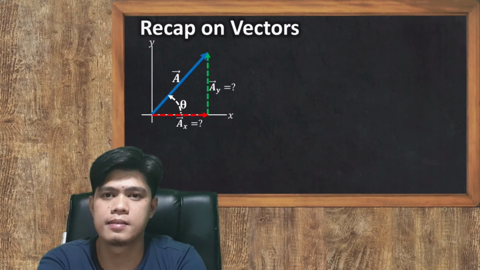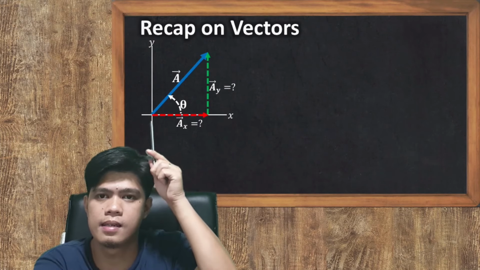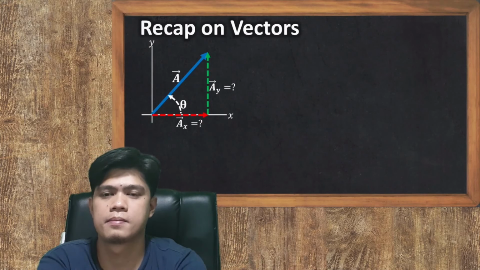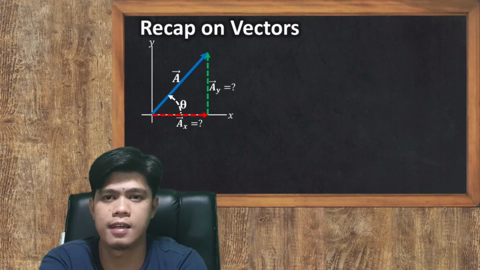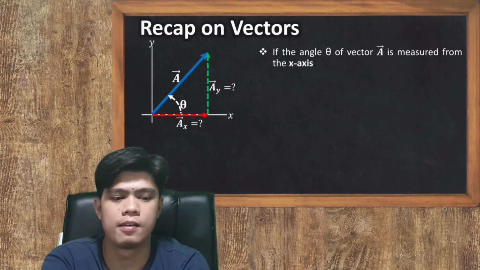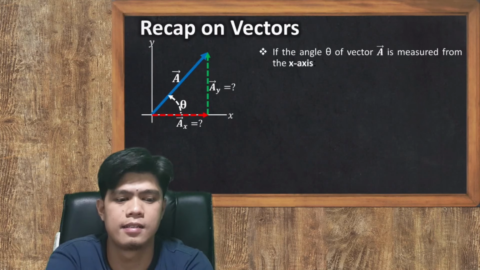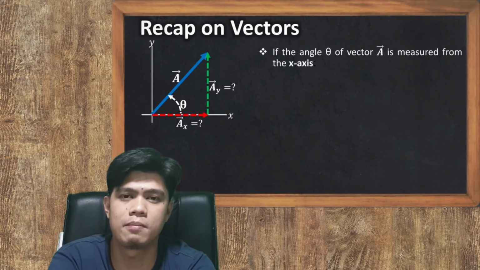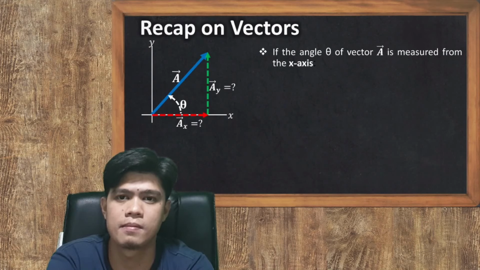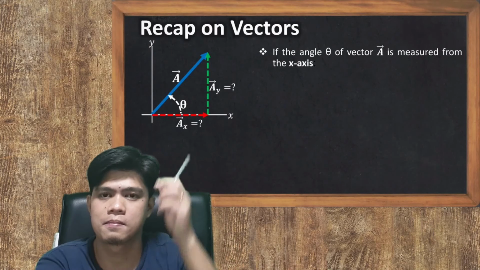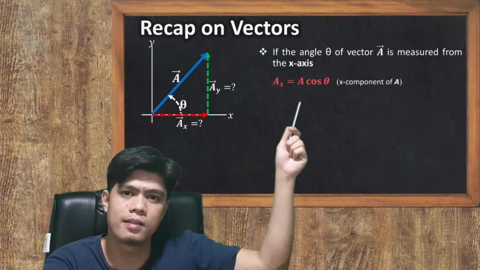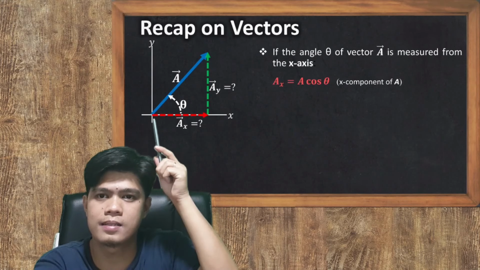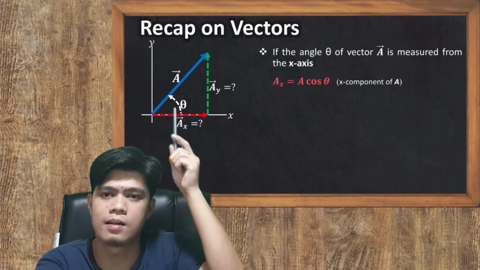Now this vector A has components AX and AY. What is the formula for finding AX and AY? If the angle theta of vector A is measured from the positive x-axis, meaning this angle here, then AX is equal to A cosine theta because AX is the adjacent side of our angle theta.